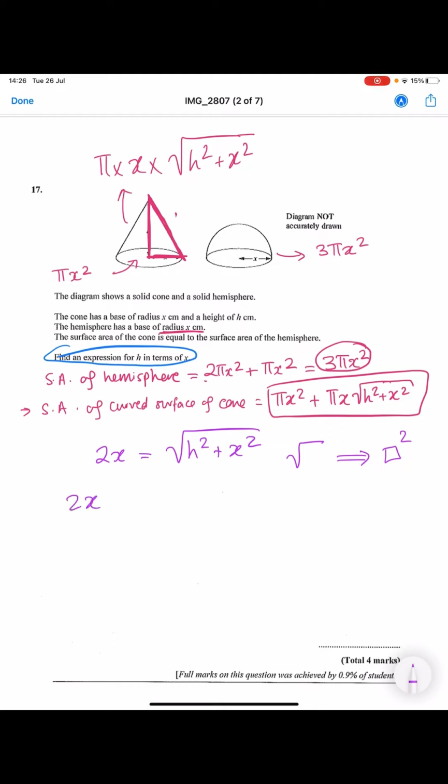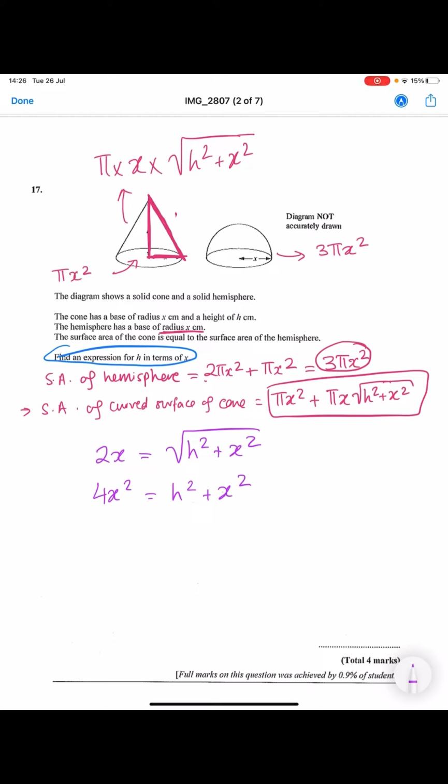So what is 2x squared? So we square everything inside the bracket, so 2 squared is 4, x squared is x squared. Okay, so we've got rid of that now. 4x squared equals h squared plus x squared.